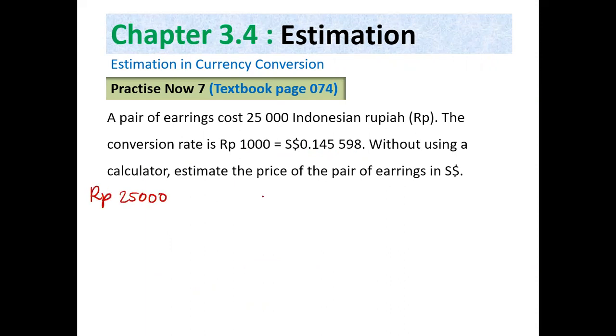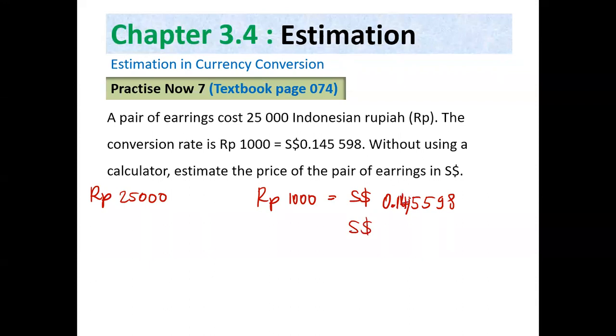The conversion rate is 1,000 rupiah is equal to Singaporean dollar 0.145598. The number is so bad. So what we can do now is try to round this number without a calculator. You can just do estimation.